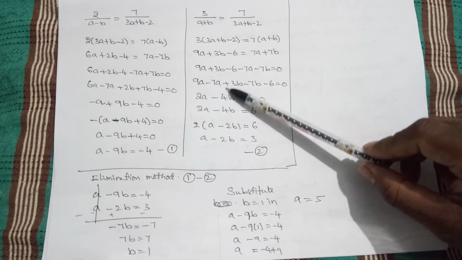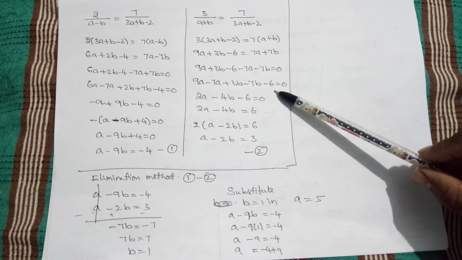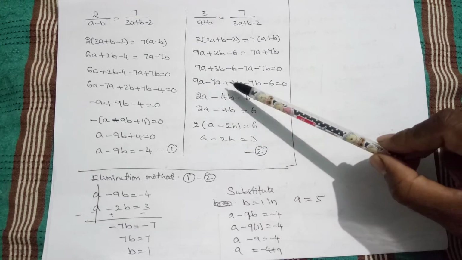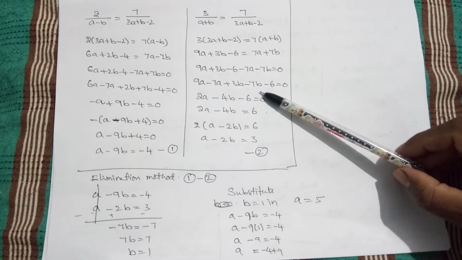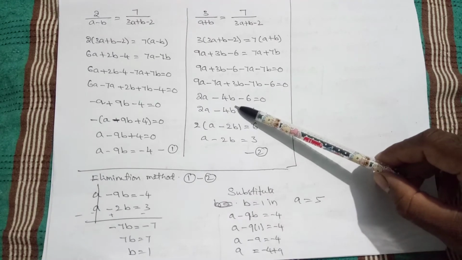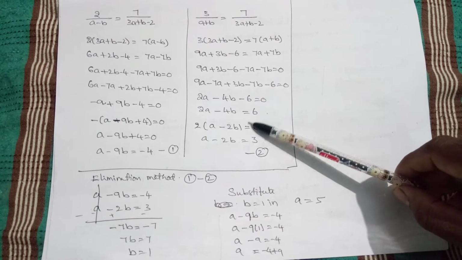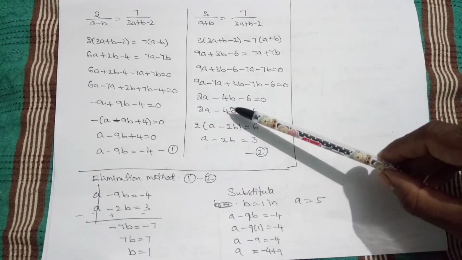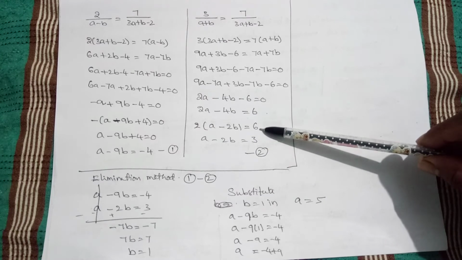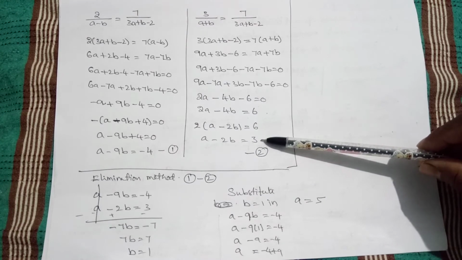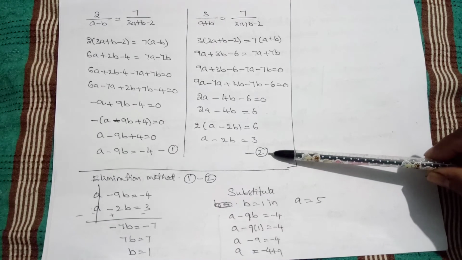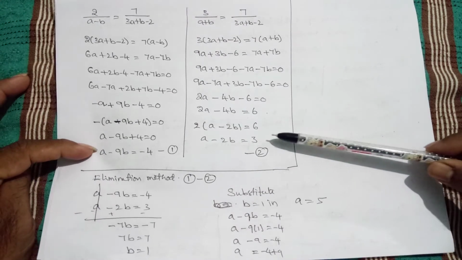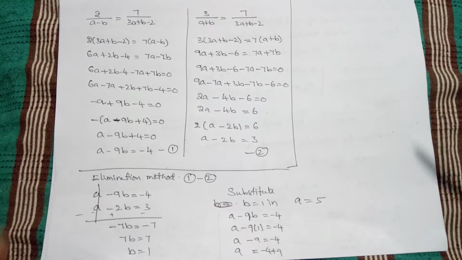Separate a's and b's and the constant: 9a minus 7a is 2a, 3b minus 7b is minus 4b, minus 6 equal to 0. Bring the 6 to this side, take 2 common and bring the 2 to this side: 6 by 2 is 3. Now here we have another equation in a and b. Now here we have two linear equations in two variables.